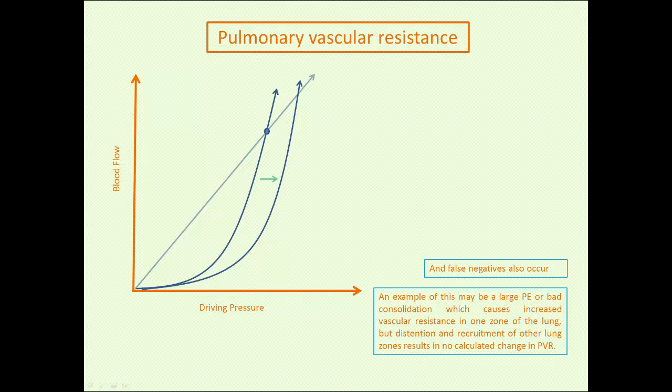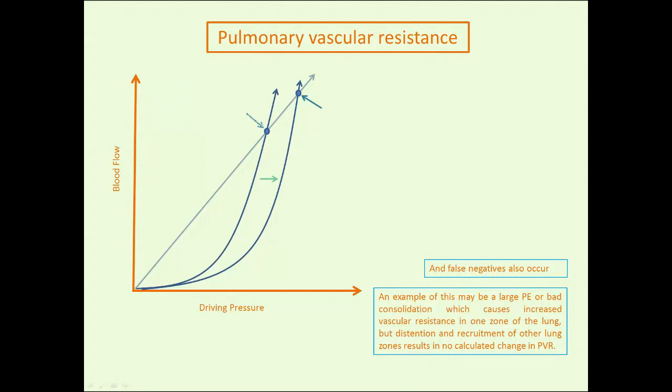An example of this might be a large pulmonary embolus or a bad consolidation causing hypoxic vasoconstriction, which causes an increased vascular resistance in one zone of the lung, but blood flows away from that portion of bad lung and flows to good lung, and then it causes recruitment and distension of the other blood vessels.